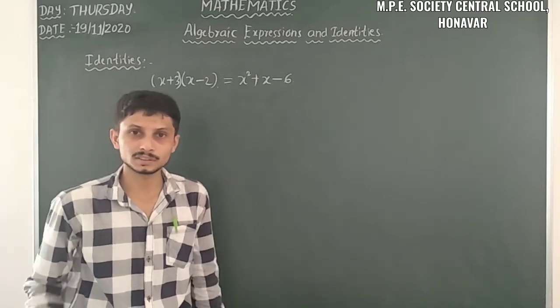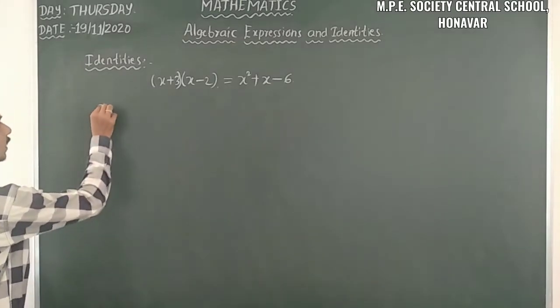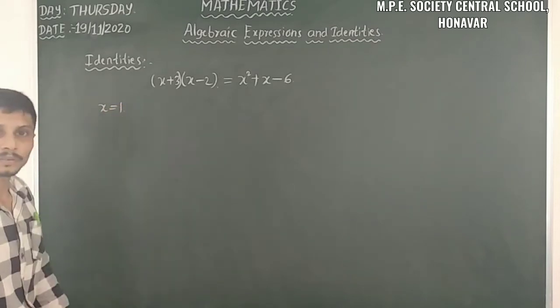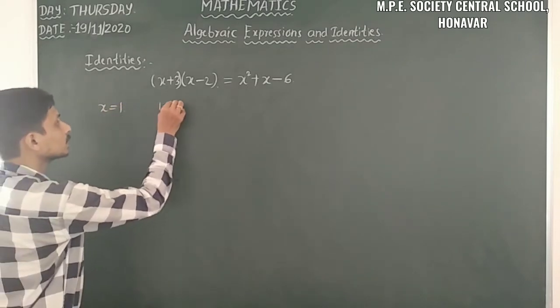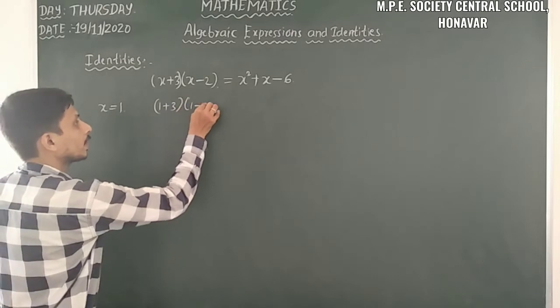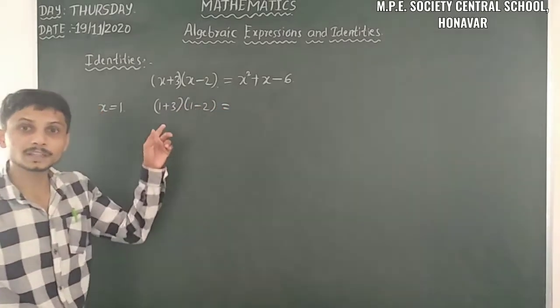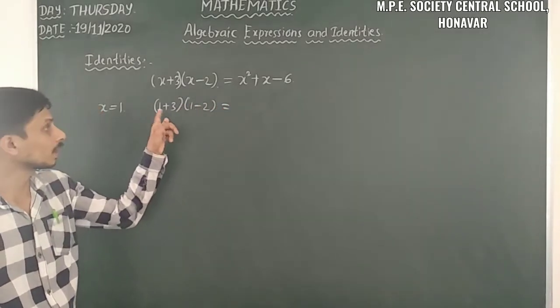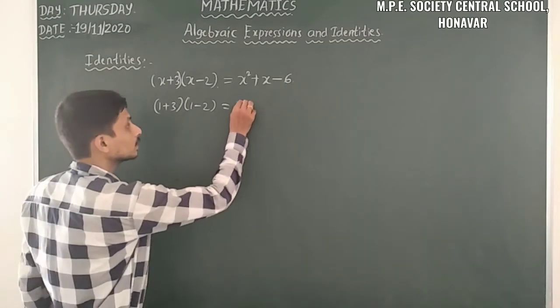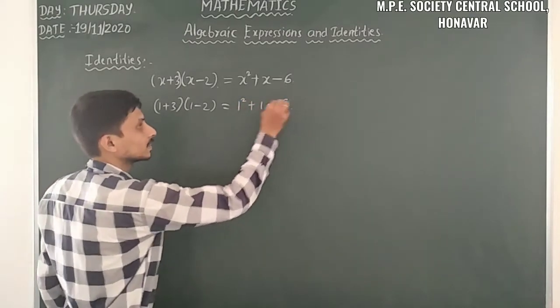Let us check that. Let us take x equal to 1. Substituting 1 in place of x, we get 1 plus 3 into 1 minus 2 equals 1 square plus 1 minus 6.